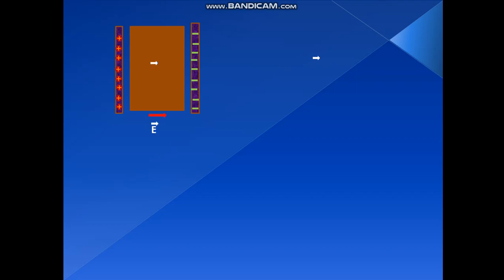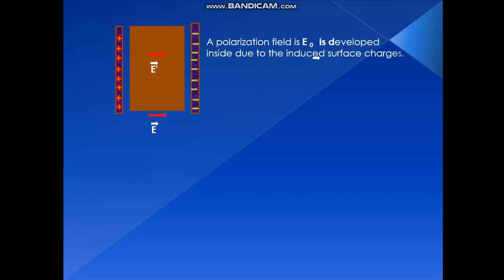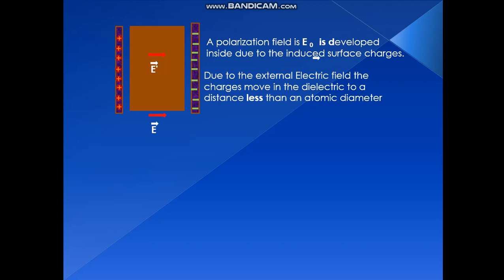Now, when we have E naught as the field inside, the net field is E dash. So the polarization field E naught is developed inside due to the induced surface charges. Due to the external electric field, the charges move in the dielectric to a distance less than an atomic diameter.